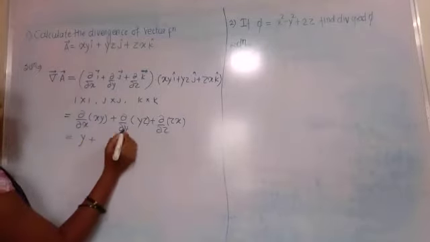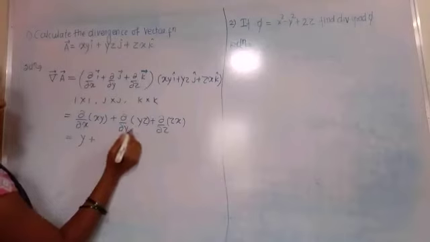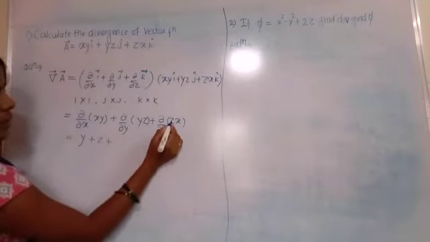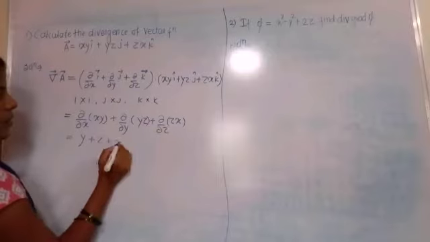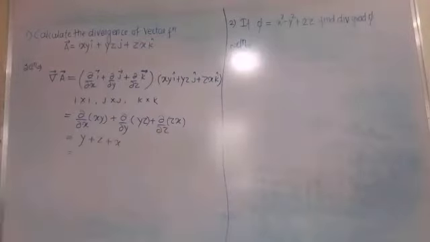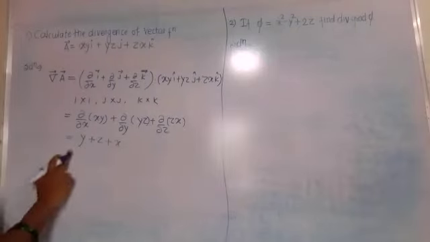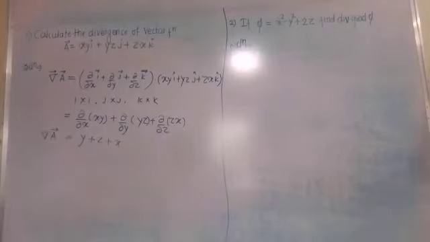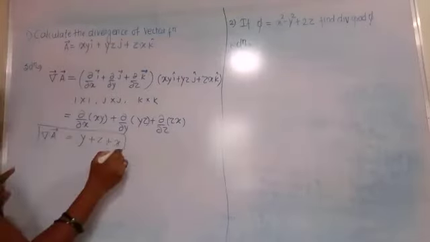Here also del by del y of y into z gives 1 into z, plus del by del z of z into x means 1 into x. So the answer is y plus z plus x. This is the divergence of vector function A. This is the solution of the first numerical.